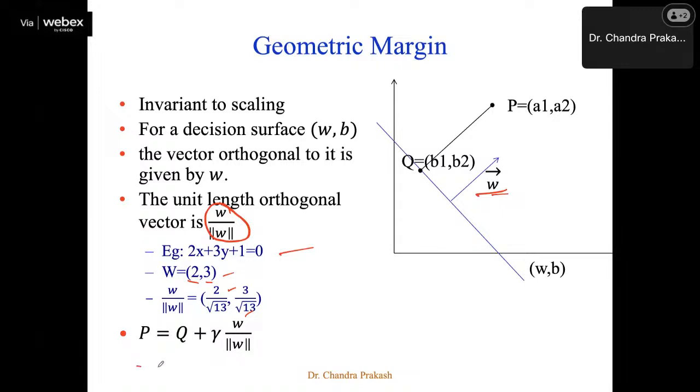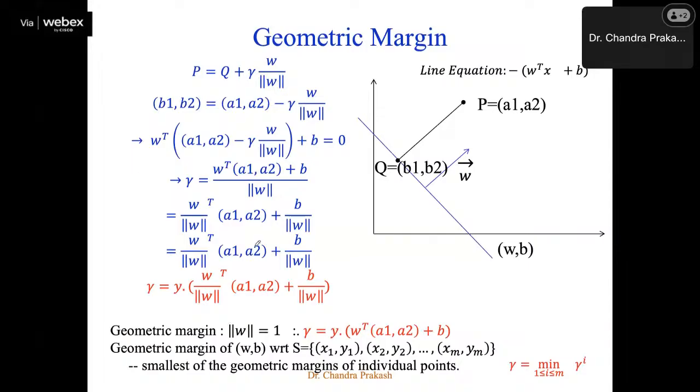Then I can represent my P as Q plus this margin times the length of a vector. So I can write my Q as P minus gamma W vector, right?